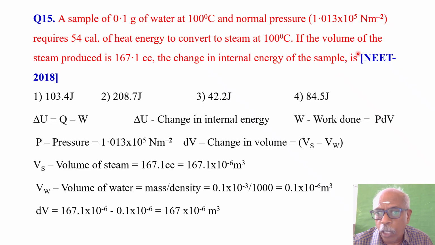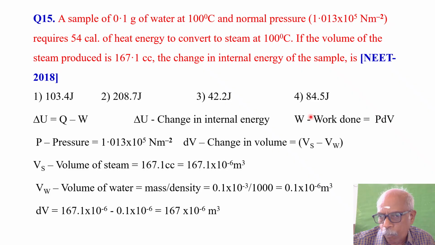If the volume of the steam produced is 167.1 cc, cc means cubic centimeter, the change in internal energy of the sample is how much? This question has been asked in the NEET examination in the year 2018. As usual, you are given four options: 103.4 joules, 208.7 joule, 42.2 joule, 84.5 joule. So these are all the four options.